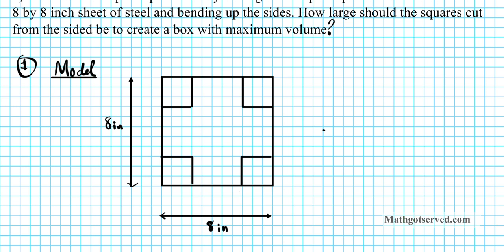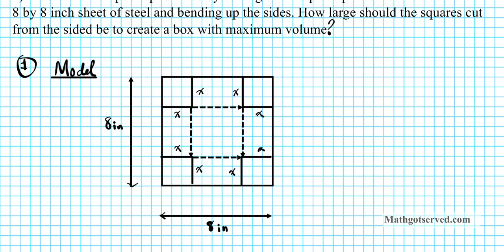Let's call the sides that we cut out X. So this is X, and this is X, and since they're all equal squares, this is X, and this is X. In order to create a box, you're basically going to fold it. You can soften this area right here, soften this area up, and then this area, and then you're going to just fold the sides, and then you're going to have a box.